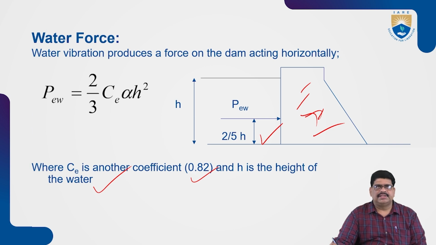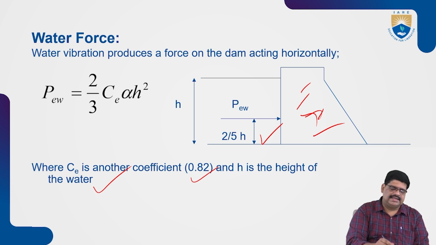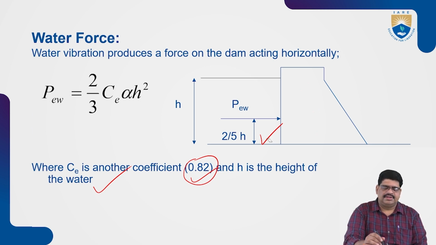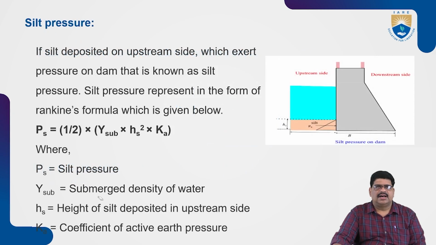Based on this, applying the formula, the water force can be calculated. That is the formula for calculating the water force. These forces are very important to consider in the construction of the dam.